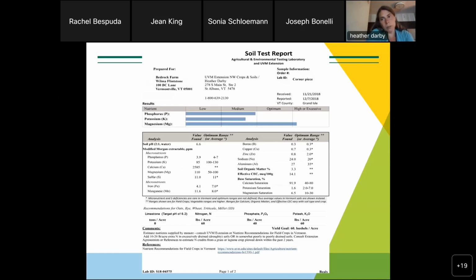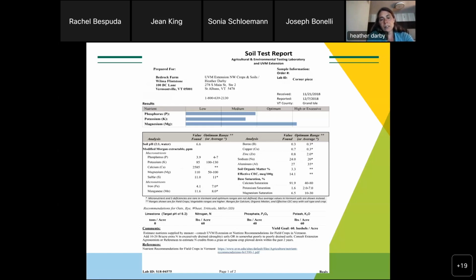So as an example, at UVM anyway, and most every other lab as well, you're not going to see nitrogen reported in the analytics. But as you can see down below, you do get a nitrogen recommendation. Now, where does that come from?